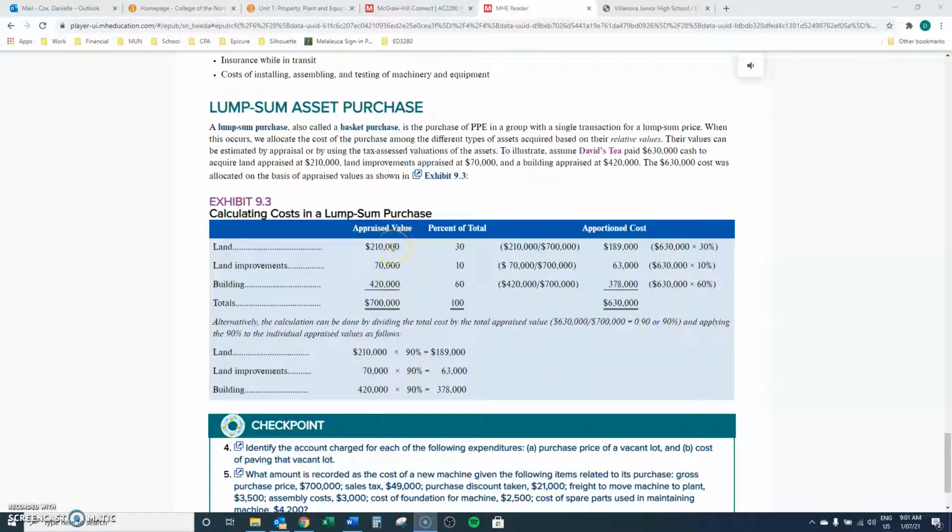So the land is at $210, land improvements are at $70, buildings $420. Then there's the total of $700. So what portion of this total is the land? $210,000 is 30% of $700. Therefore, 30% of the purchase cost of $630 is going to be allocated to land. So it does walk you through an example there of that. So that's important to take a look at.